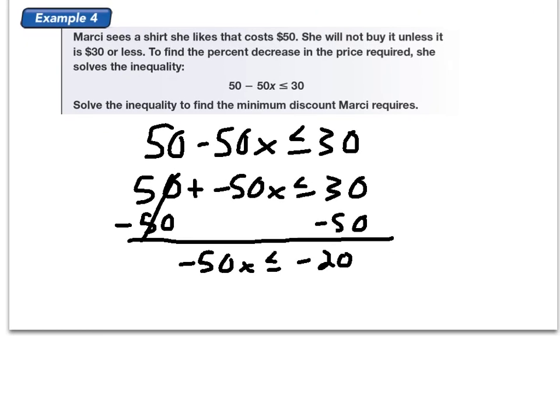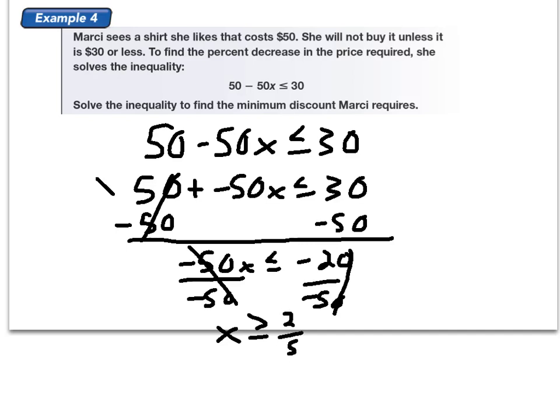And now I'm going to divide by negative 50 on both sides. I'm going to get x, and then again we're dividing by a negative on both sides, so I flip this sign around, is greater than or equal to negative 20 divided by negative 50. We can knock off the zeros, and a negative divided by negative is a positive, so it's 2/5.